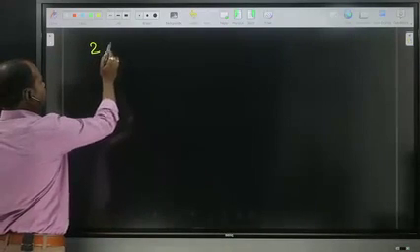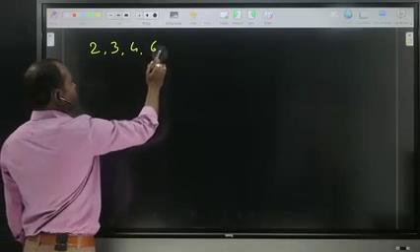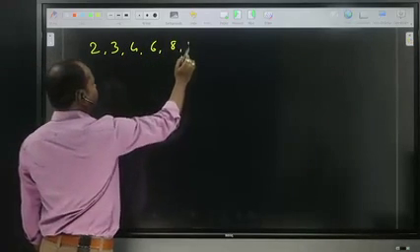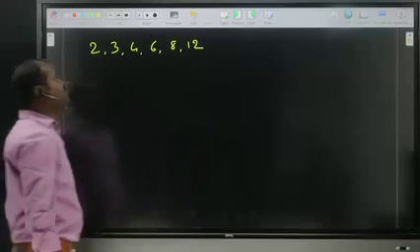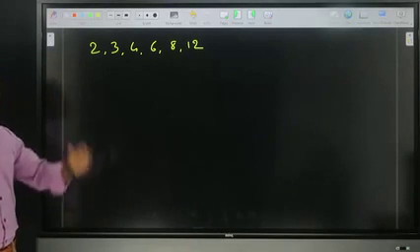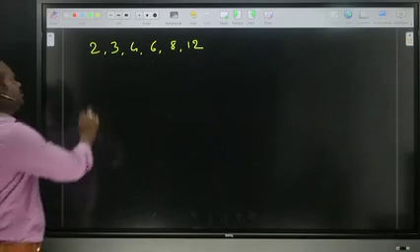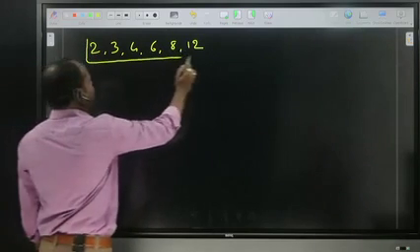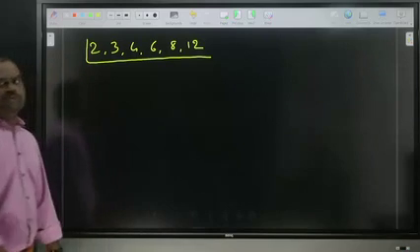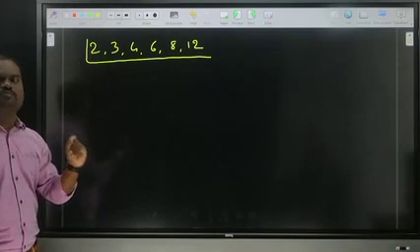For example, if you want to find the LCM of 2, 3, 4, 6, 8, 12, let's see how to find it. In school level we already learned that we should always take prime numbers.